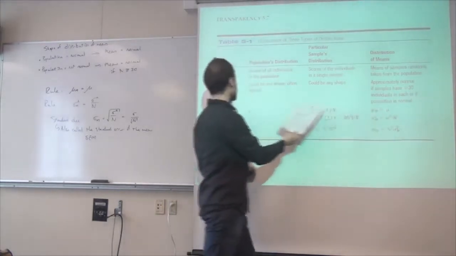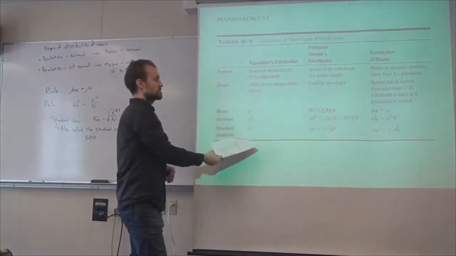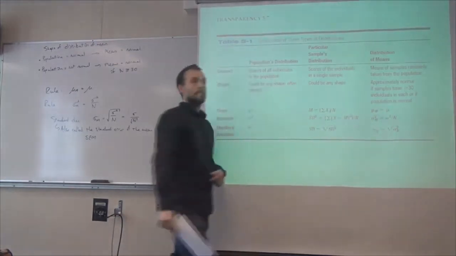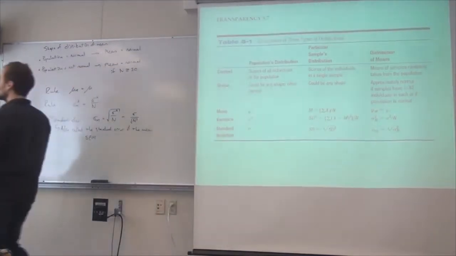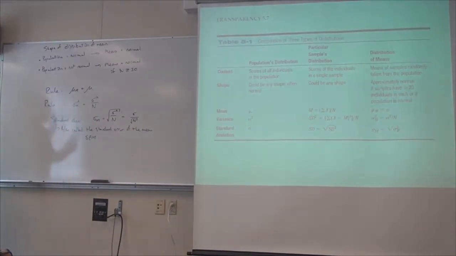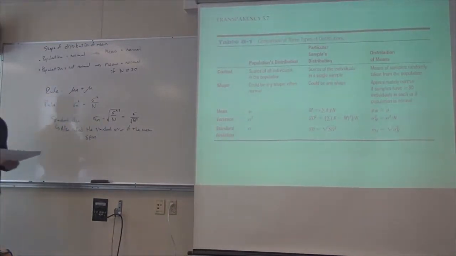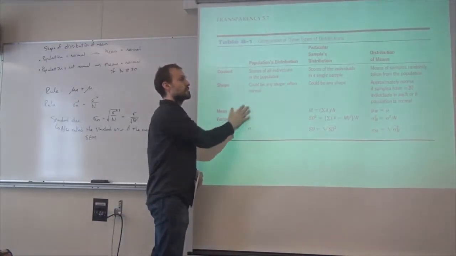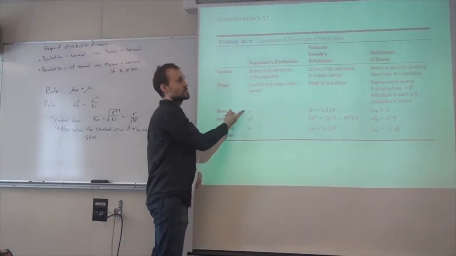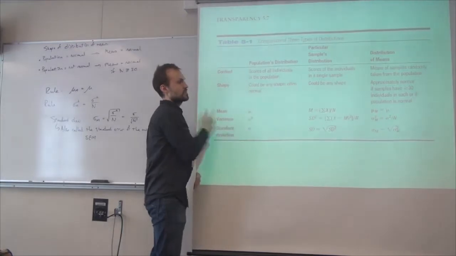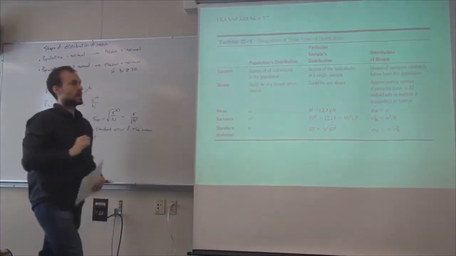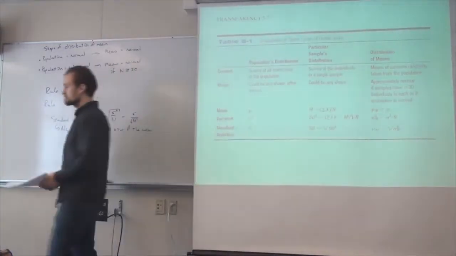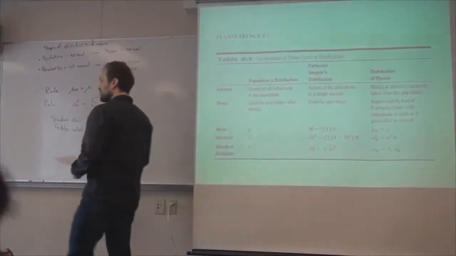The population parameters have the Greek letters, and the distribution of means, all possible means, will be calculated from these, with no adjustment with the mean and a little adjustment with the standard deviation. And we call this the standard error of the mean.